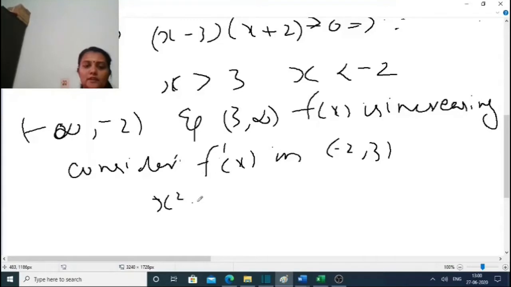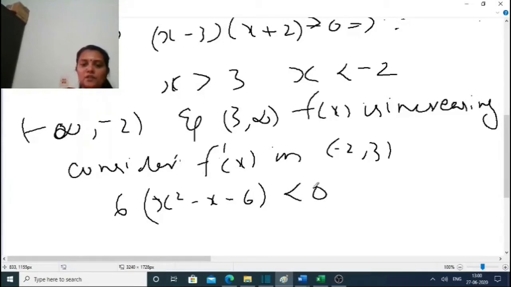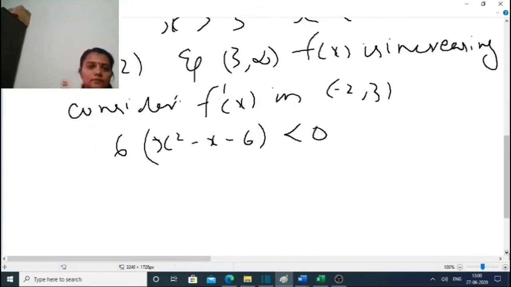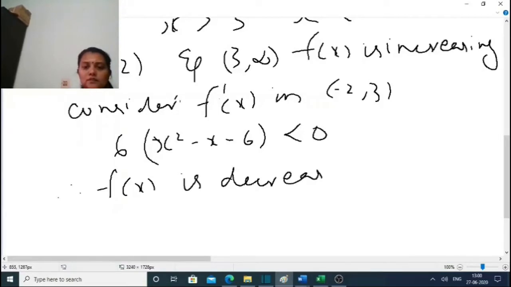There, x square minus x minus 6 in this interval will be less than 0. We can take an arbitrary value, 0, and the value will be less than 0. Therefore f of x is decreasing in the interval minus 2, 3.